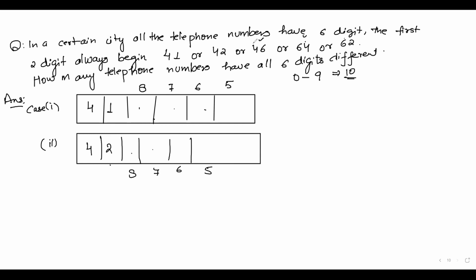So we have 1, 2, 3, 4, 5 cases. So what we will do, we will multiply this. This is 6 times 5 is 30, into 8 and 7, so this will give you 1680. So this case will give you 1680. Similarly, this will give you again 1680. So you need to add 5 times this 1680.